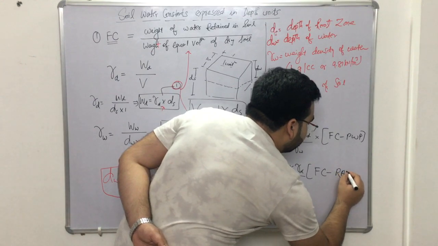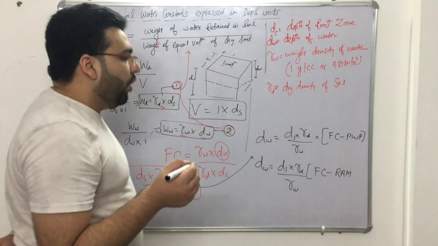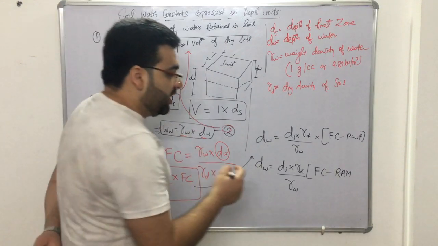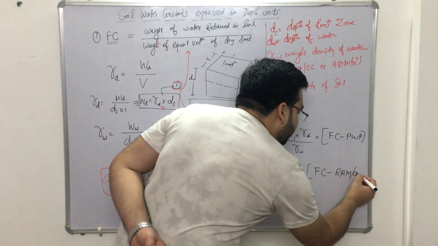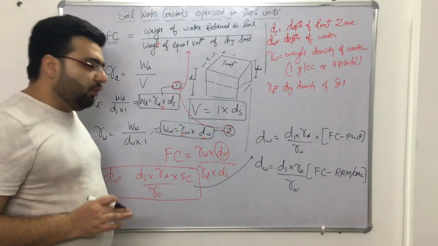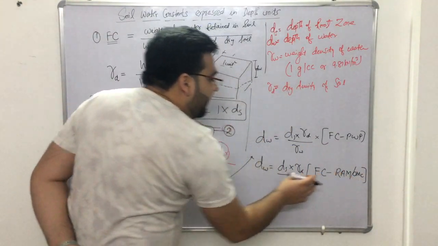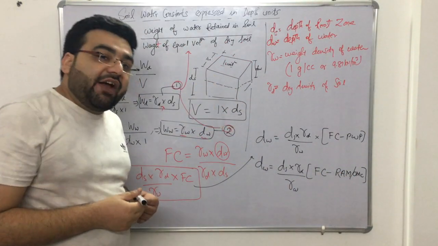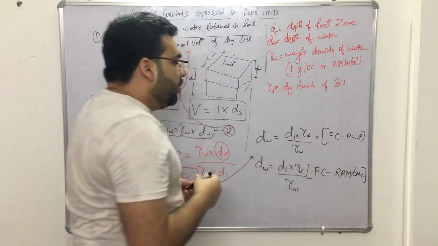Readily available moisture is sometimes also known as the optimal moisture content. This formula is valid when we are not allowing the water content to go beyond the readily available or optimal moisture content.